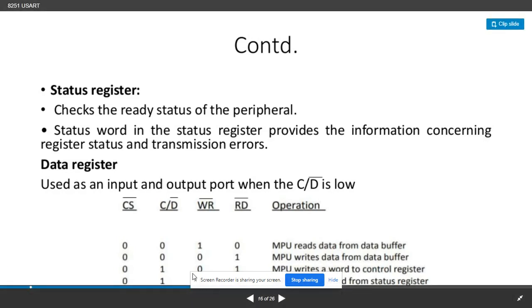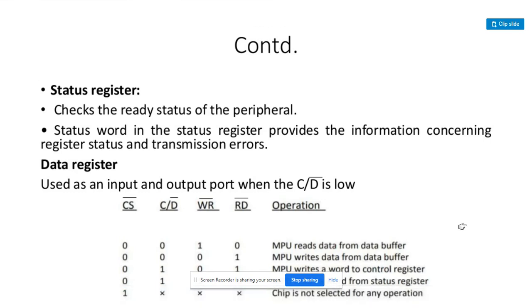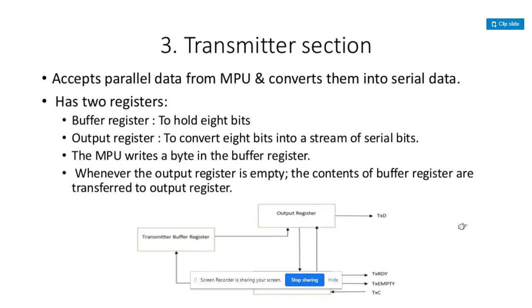When the combination is 0101, microprocessor writes the data to the control register. And when the combination is 0101, then it writes the data from the status register, and when the chip selection signal is 1, and whatever the combination of control or data or read write logic, the chip is not selected for any operation.